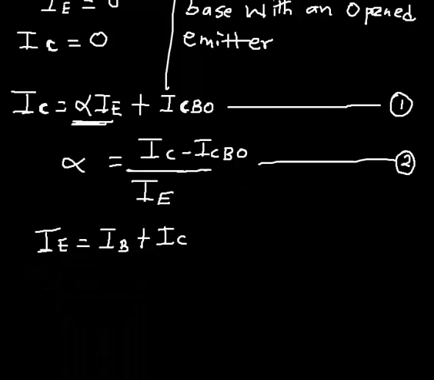Since we already know that IC is equal to alpha IE plus ICBO, from this expression I will have alpha IE equal to IC minus ICBO.